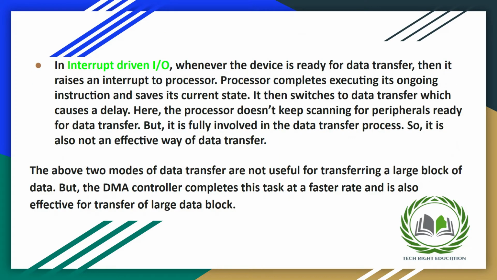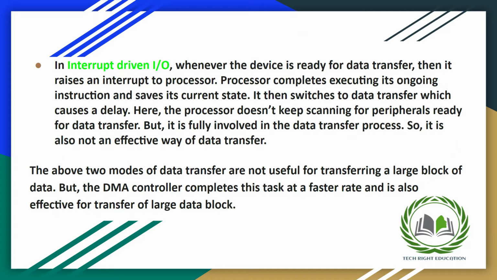Now the next one is interrupt driven input output. In interrupt driven input output, whenever the device is ready for transferring the data, it raises an interrupt to the processor. The processor completes executing its ongoing task and saves its current state.